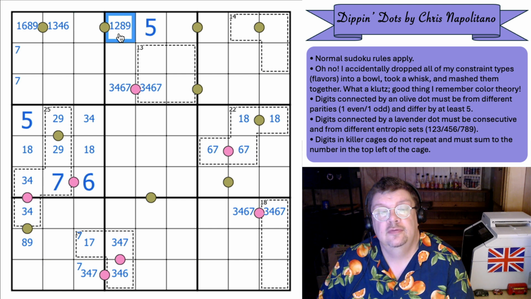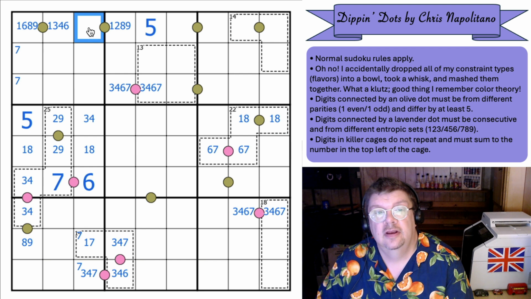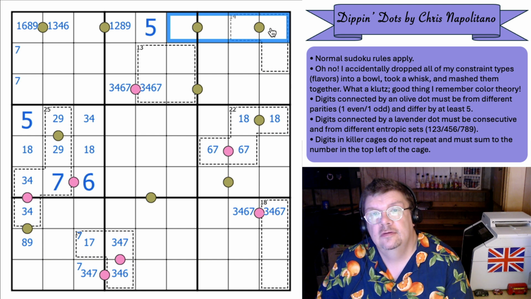Yes, but if it's a low digit, 1 or 2, it will go with 6 or 7. No, 1 or 2 can only go with 8 or 9 here, because 6 and 7 can't go here by sudoku. So that's 8, 9, or low. So, okay, 7 is in one of these.